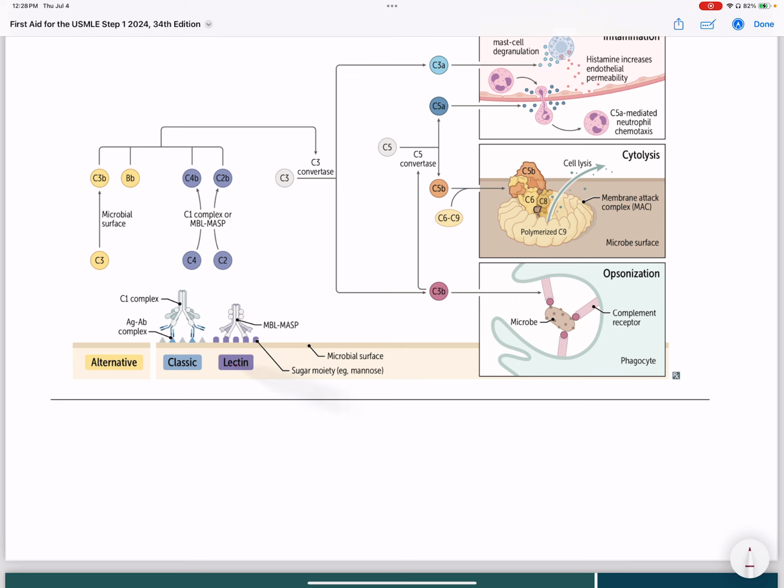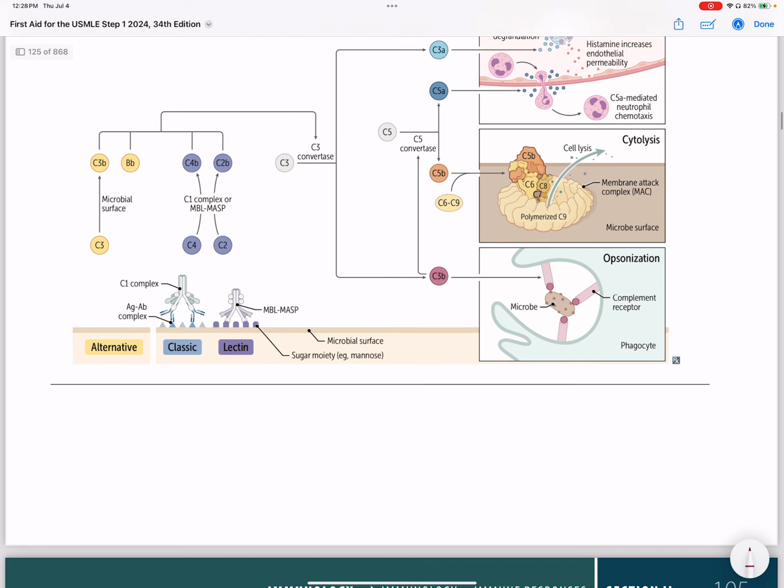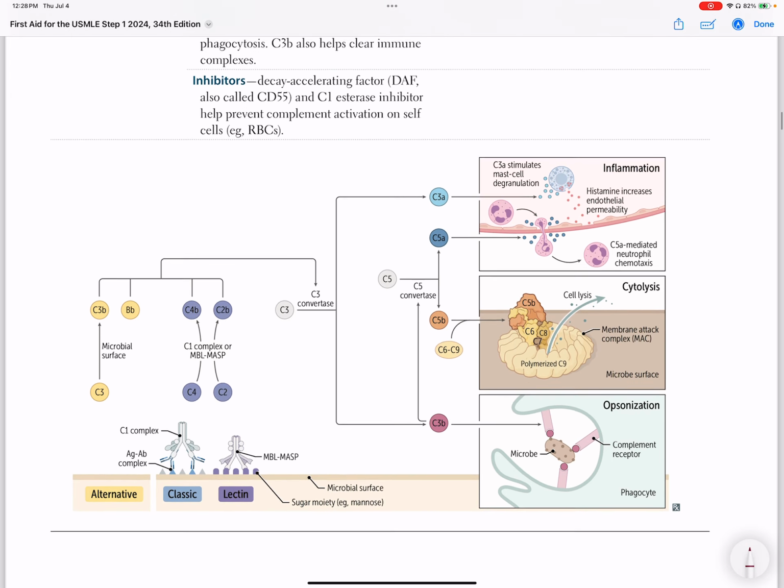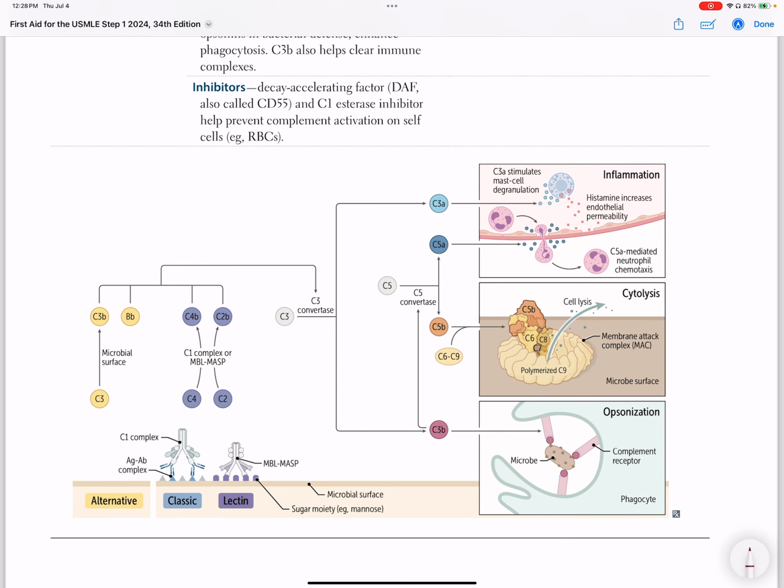The lectin pathway, MBL, MASP, acts on the microbial surface sugar moiety. Then C3 convertase gives C3a and C3b, then C5, C5a, C5b, C5 convertase, and then C5b with the help of C6 to C9 causes cytolysis.